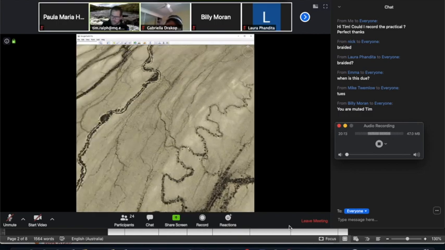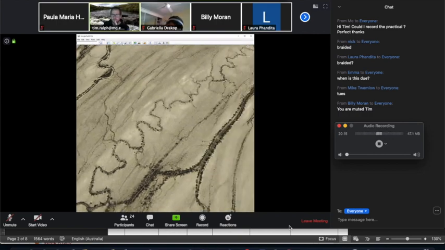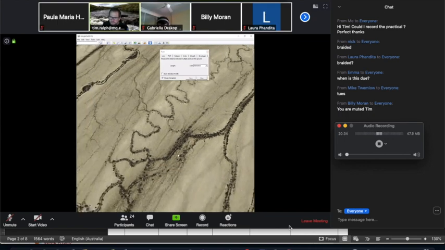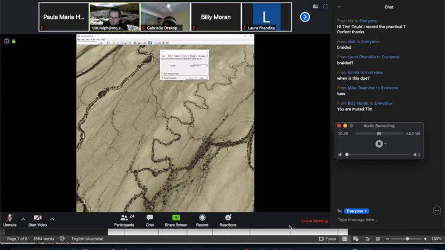Obviously, in these other channels, you're going to have a range of meander wavelengths as well, but I'll just use my measuring tool here. Let's look at the distance from there to there. That's 240 metres. The distance from here to here is 170 metres. Let's go downstream here to here, 270 metres.